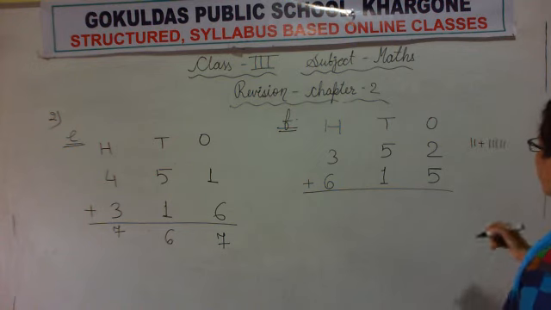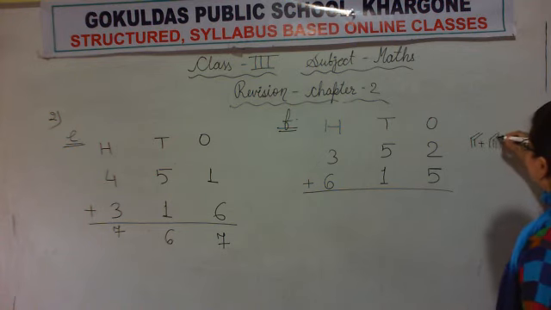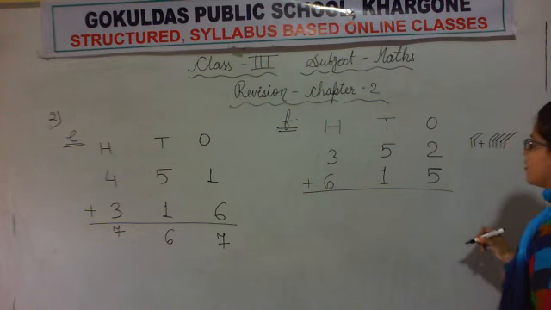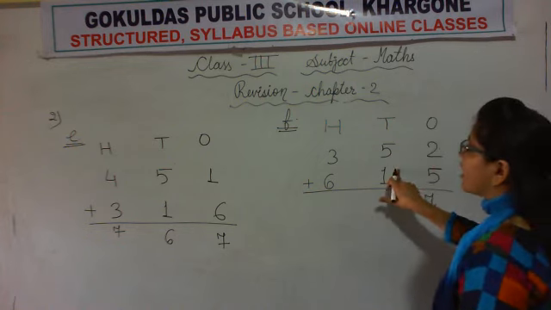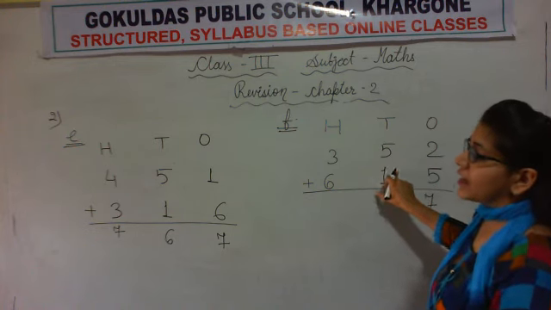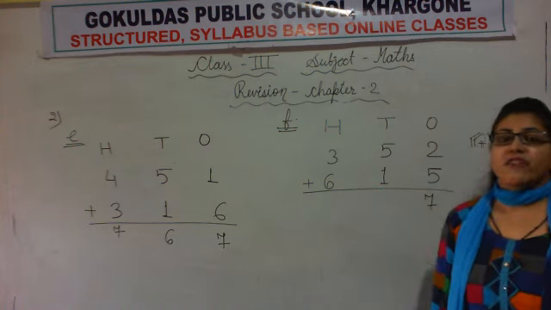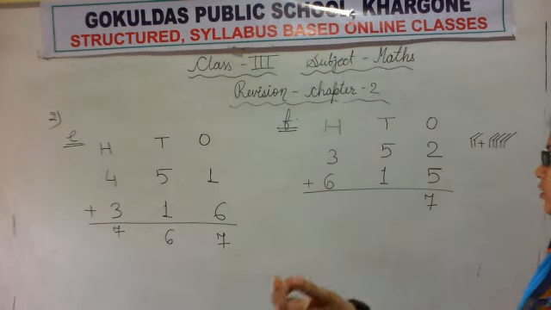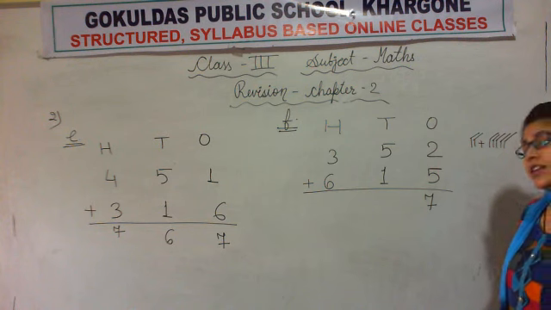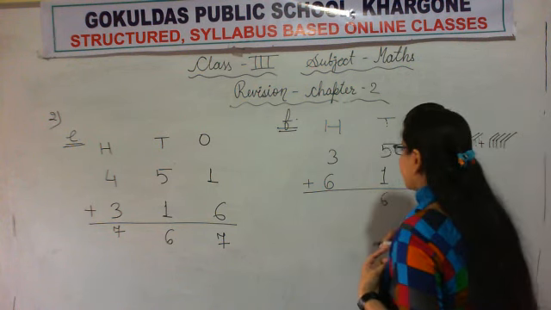Let's add them all. 1, 2, 3, 4, 5, 6, 7. So we will write the number 7. 5 plus 1, again successor property. What is the successor property? Whenever 1 is added to any number, it gives its successor. So what is the successor of 5? 6. So we will write 6 here.